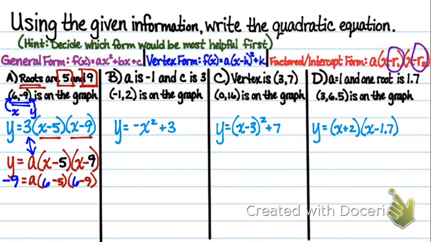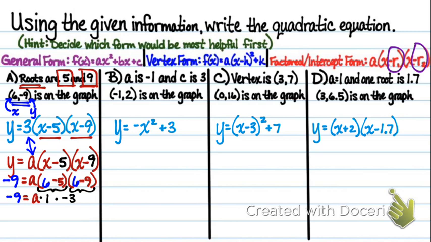And now we're going to work backwards and find that a value. So I still have this negative 9 equals a. A is being multiplied to these parentheses. What's 6 minus 5? 1. Times 6 minus 9, negative 3.